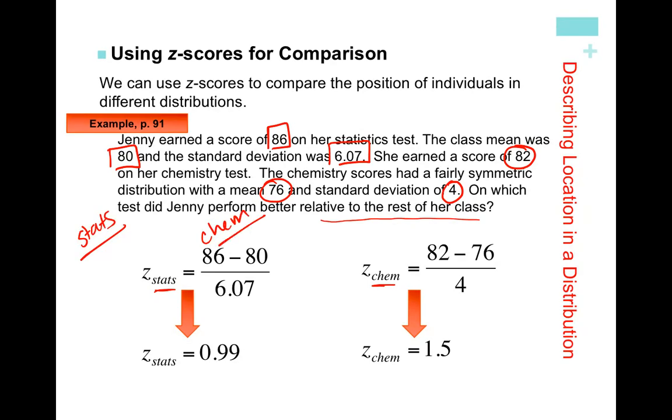That way I can stay organized, because if I mix up a mean or a standard deviation, then all of a sudden my z-scores aren't going to be what they should be. That being said, she scored 1.5 standard deviations above the mean here, 0.99 over here. So she did better on the chem test relative to her peers because she was further away from the mean in the positive direction.